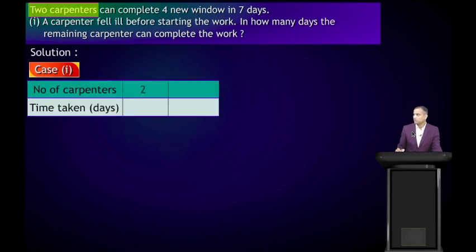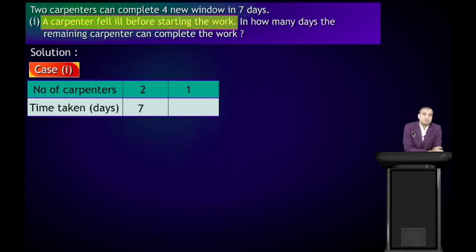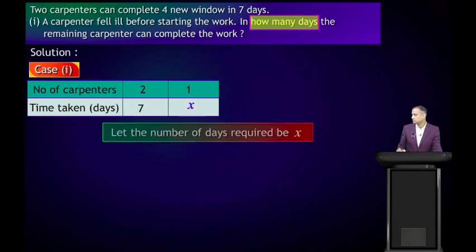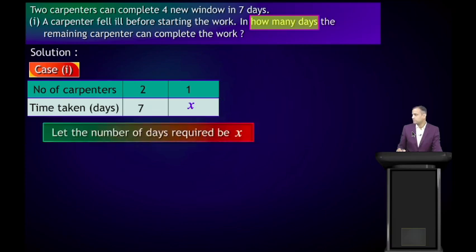Number of carpenters is 2, and time taken is 7 days. Now a carpenter fell ill. It means how many carpenters are left? Yes, only 1. Okay, so now we have to find the time taken, and it is x. Let the number of days required be x.